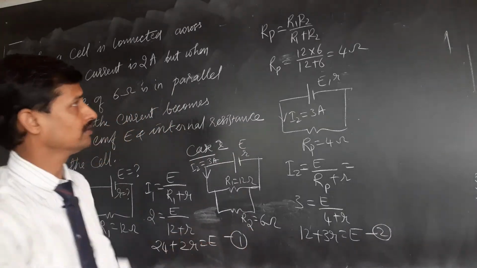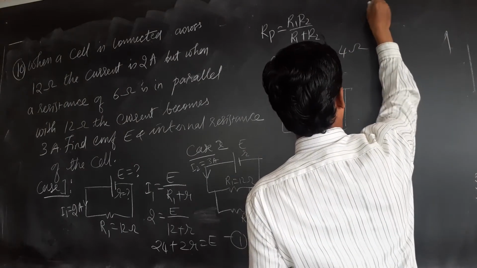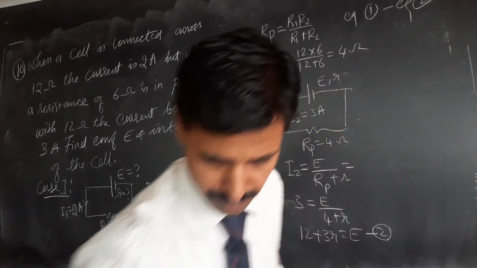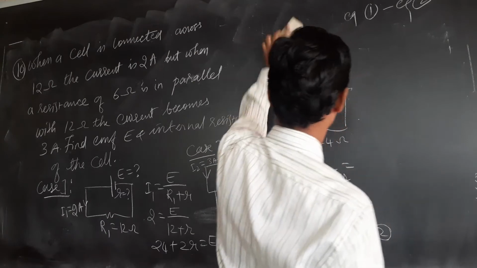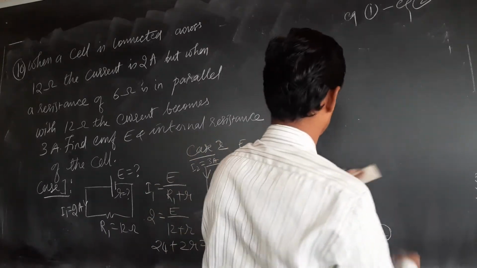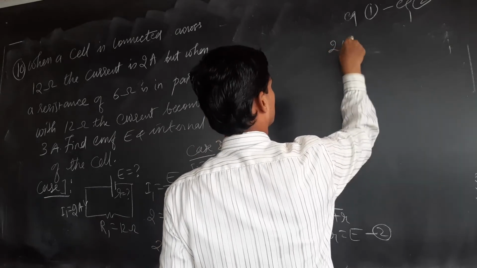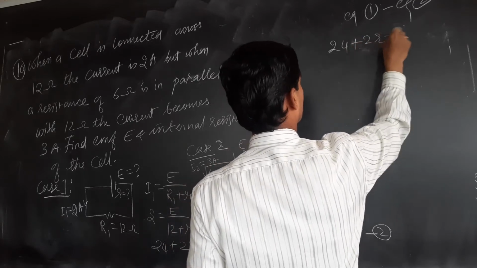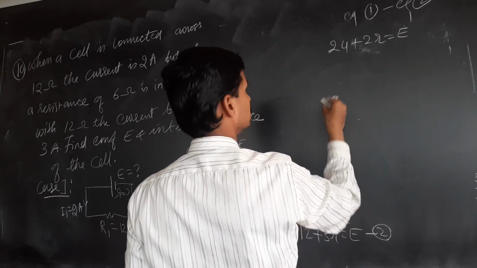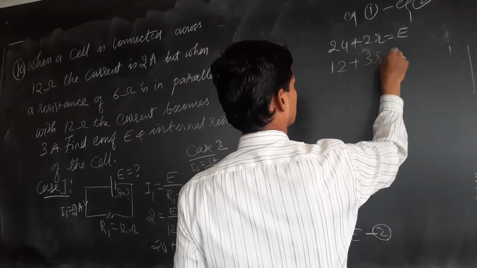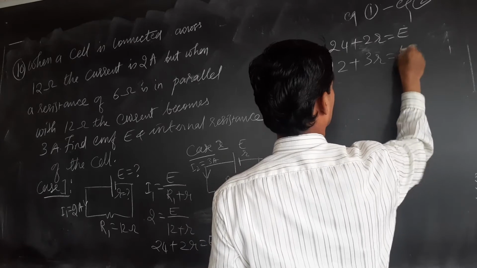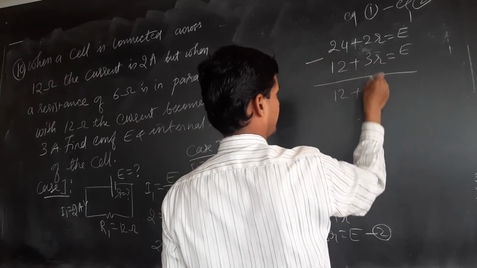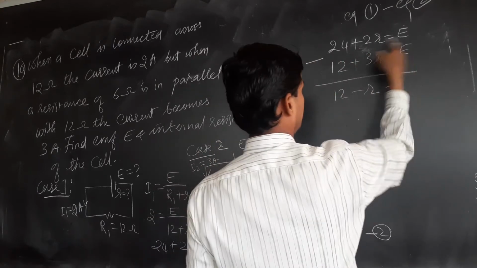Subtracting 2 from 1, equation 1 minus equation 2 gives what? 24 minus 12 is 12. 2R minus 3R is minus R. E minus E is 0.